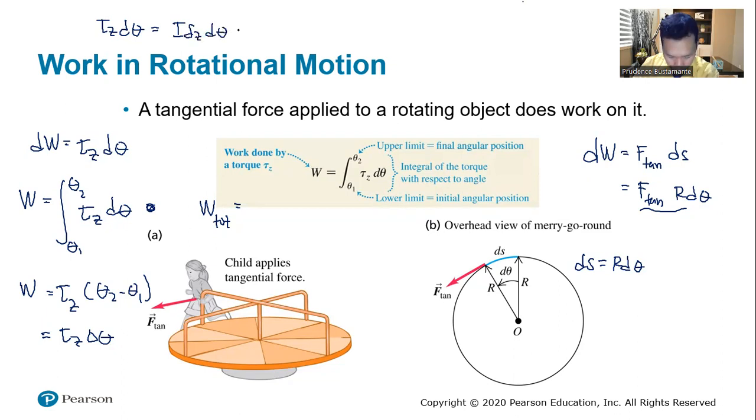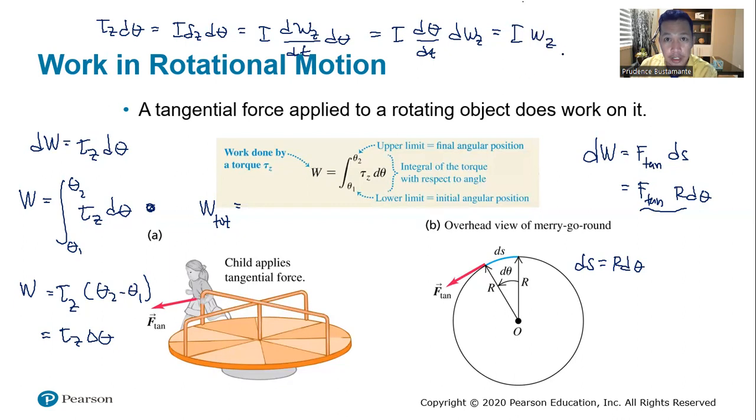So we have I times d omega z over dt times d theta. Here alpha is the angular acceleration, the derivative of the angular velocity. This is equal to I times d theta over dt times d omega z, so we have I omega z d omega z.